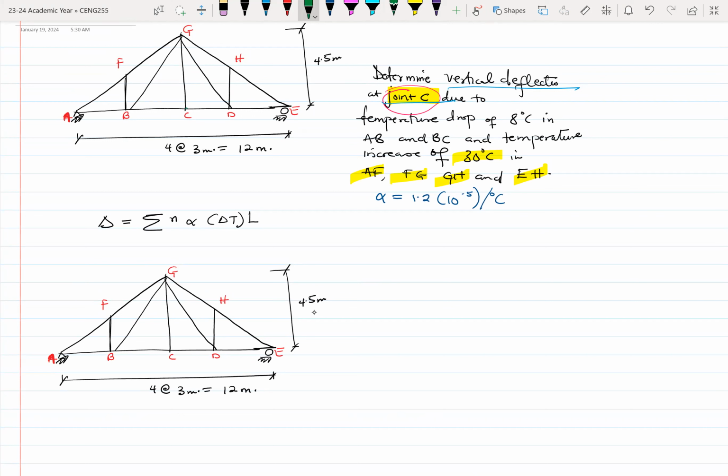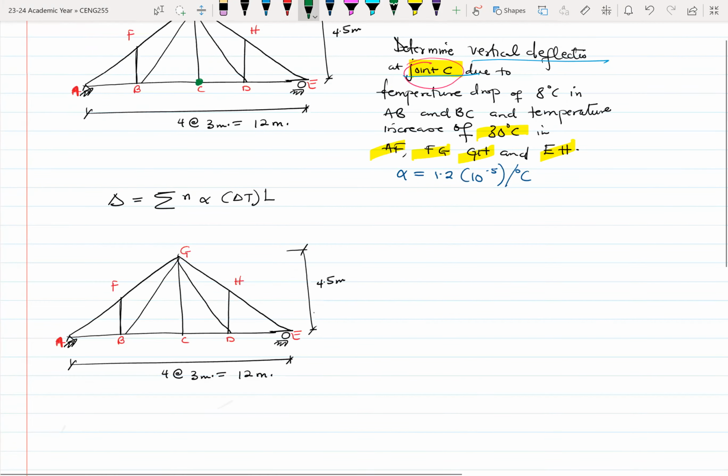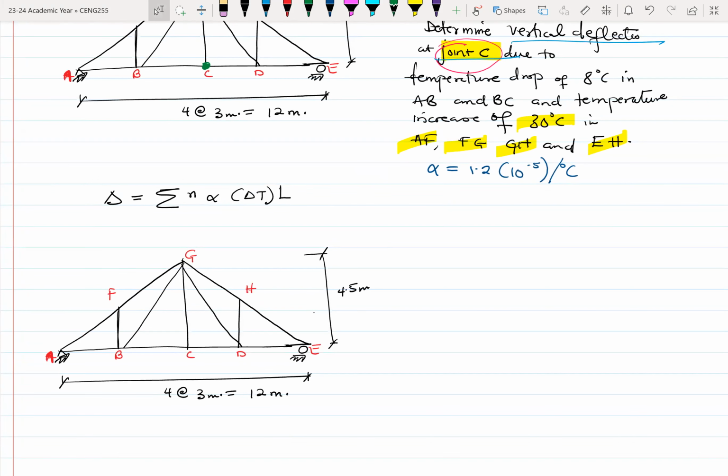So our interest is this point, joint C, but it says that there's a temperature drop of 8 degrees in member AB and member BC. So in member AB, there's a drop. Drop means there's a reduction, so negative. In BC, there's also negative 8 degrees. And when you come to member AF, there's an increase of 30 degrees.